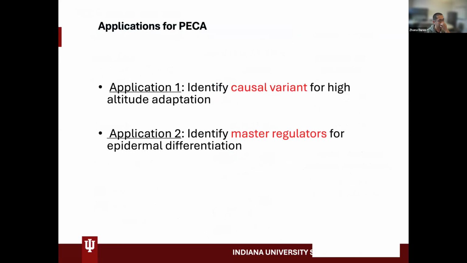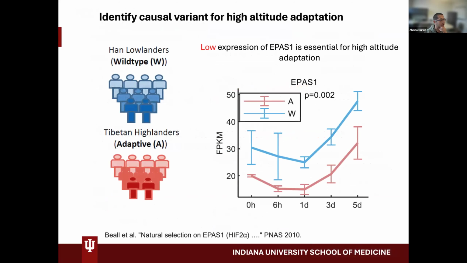Then we apply this model to 2 cases. One is to identify the causal variants for high altitude adaptation. Another is to find a master regulator for a differentiation problem. Let me simply go over them.